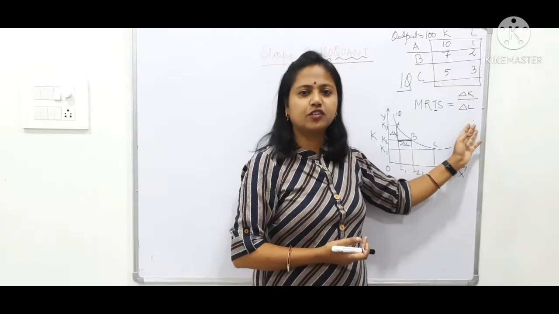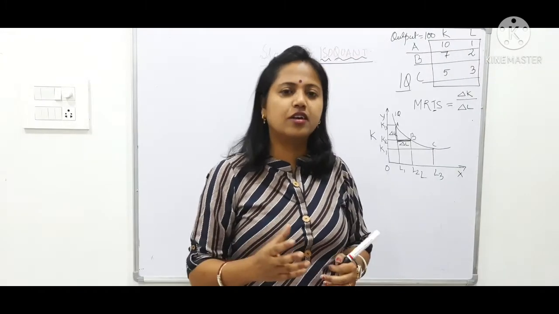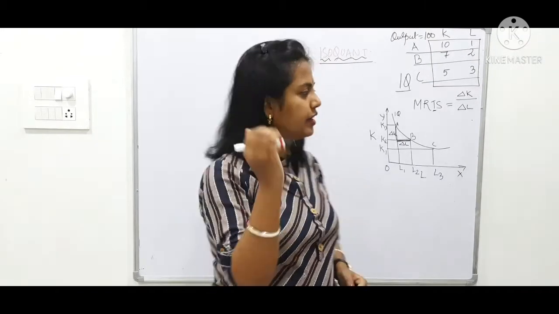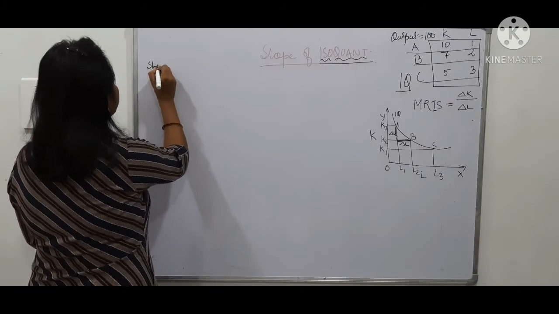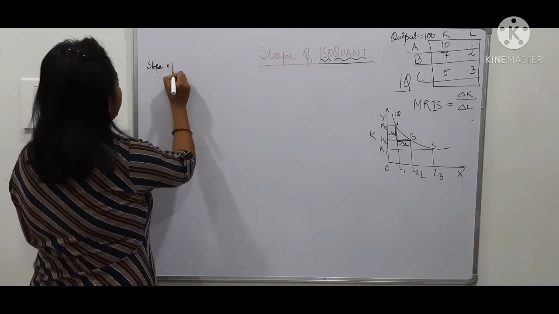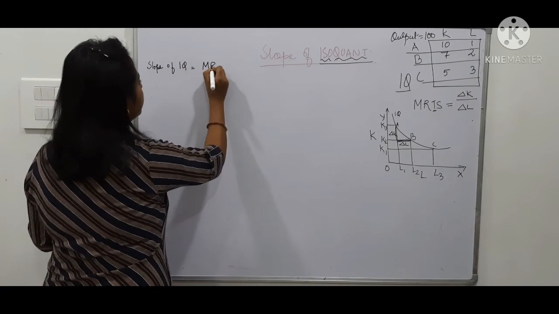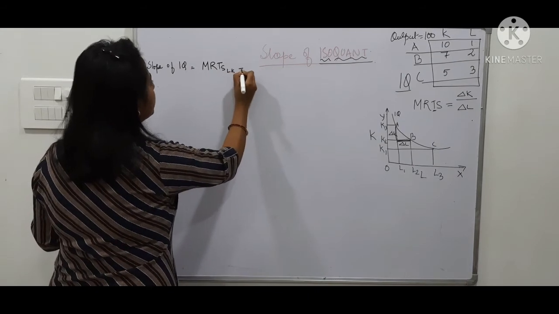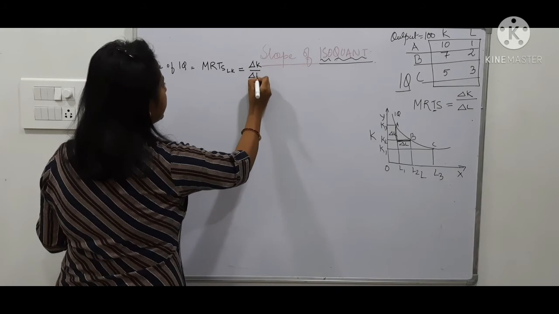This much discussion is not enough. Why? Because the slope of isoquant can also be represented in another way. Let's understand. So I am saying the slope of isoquant is nothing but marginal rate of technical substitution of labor for capital, which is also nothing but change in capital divided by change in labor.